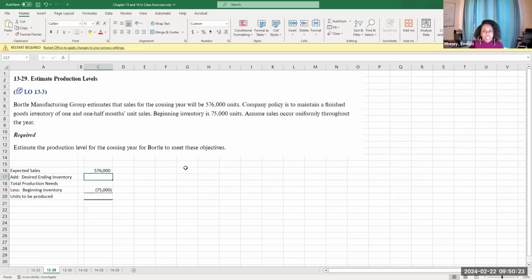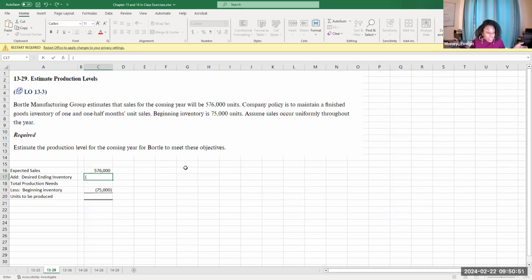The company's policy is to maintain a finished goods inventory of 1.5 months' unit sales. So the first thing I have to consider is how many units I sell in 1 month. Once I know that, I'm going to multiply it by 1.5, because the policy is to have on hand 1.5 months' unit sales.